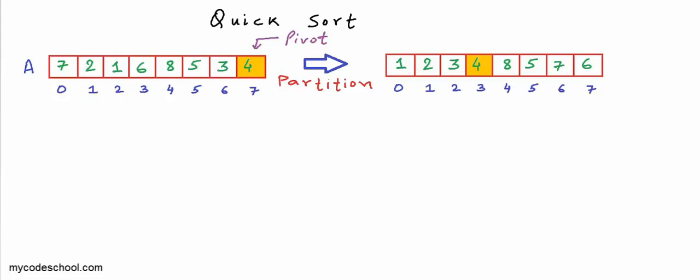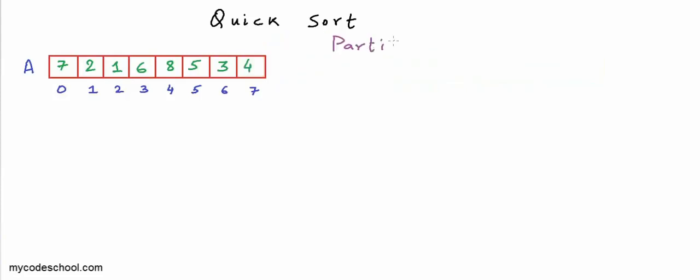I want to write a function named partition that should take an array, the start index of the segment in the array that needs to be partitioned, and the end index of the segment. This signature will make sure that we have a function to partition a segment of array A. You can pass the whole array to this function, or you can pass a segment. You just need to pass the right values for start and end.